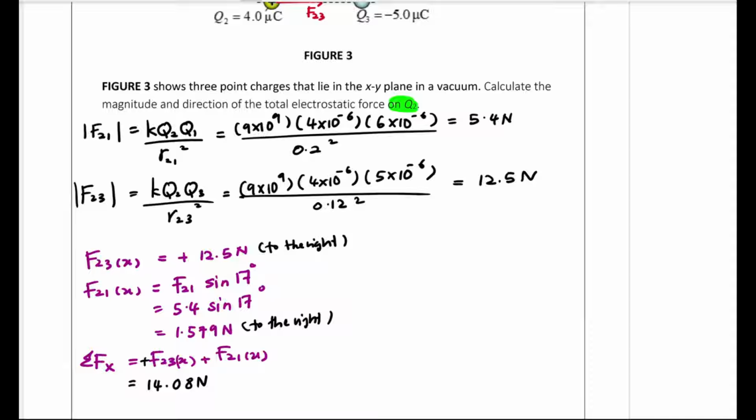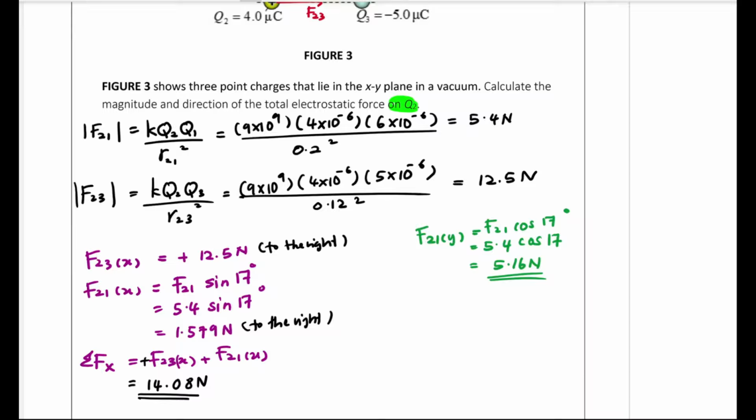And for the force in the Y component, F21 cos 17. F21 I calculated earlier as 5.4, so 5.4 cos 17. I will get 5.16 Newton. Okay, so not finished yet.